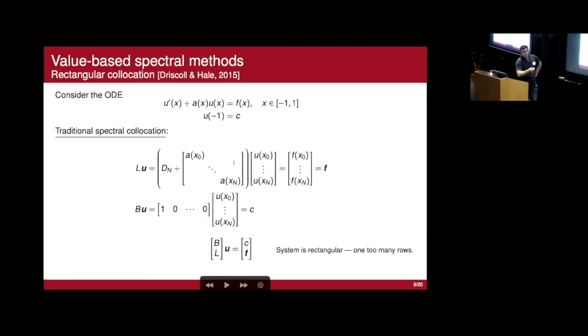But in this traditional view of spectral differentiation, this system is actually rectangular. Because D was square, L is square, and my boundary condition is one row. So this is square with a row on top, and so this is rectangular by one too many for me to solve. So I'd like to delete a row. Anyone want to suggest what row I might delete from this?